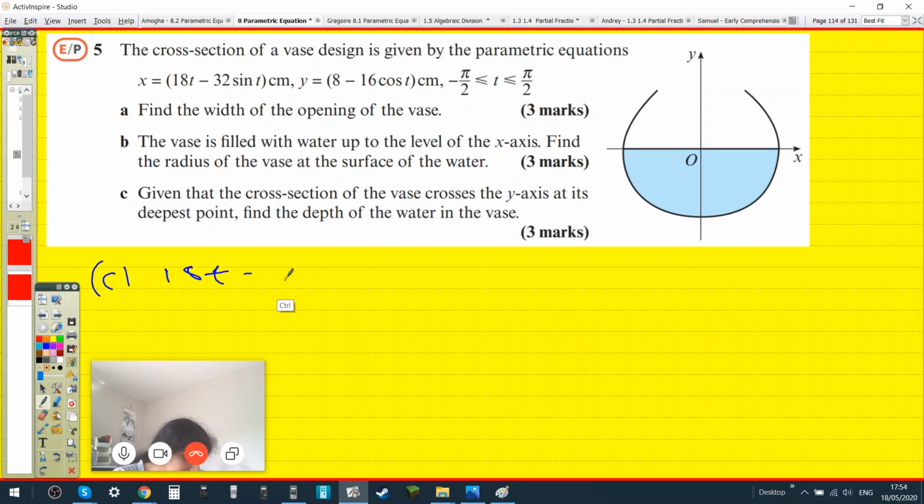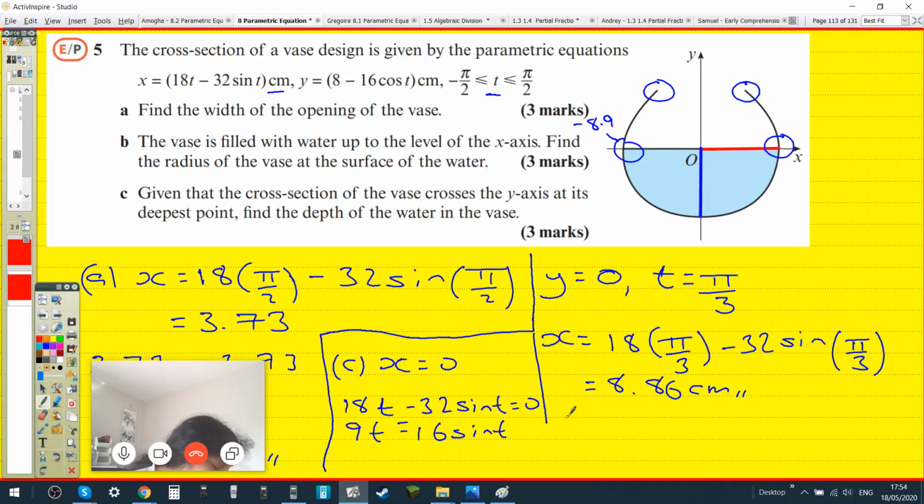I think I found solver. X is equal to 9.42 according to my graphical calculator. So time is 9.42.